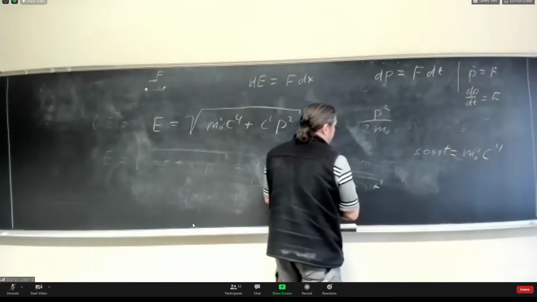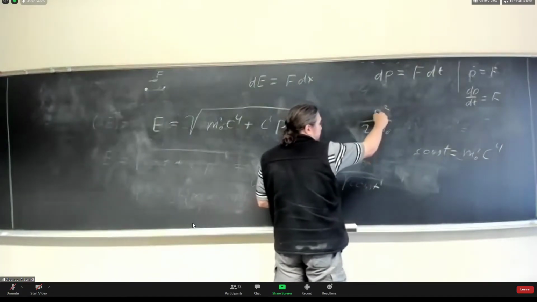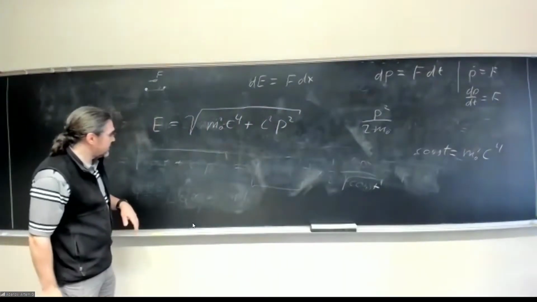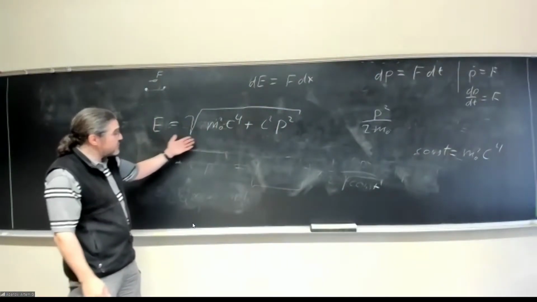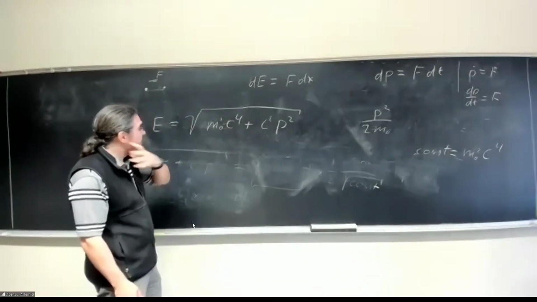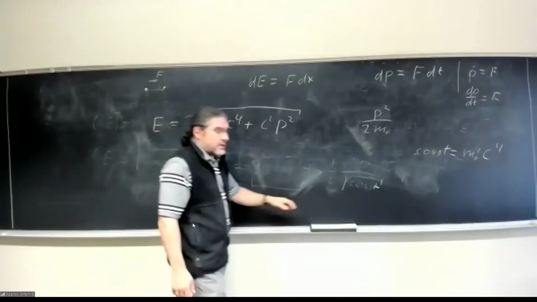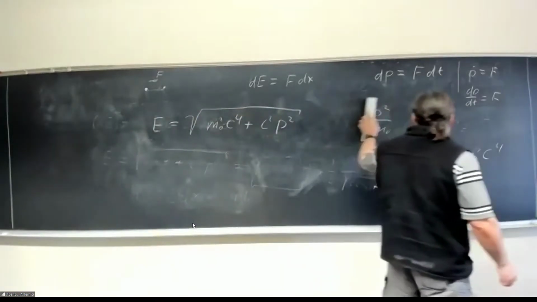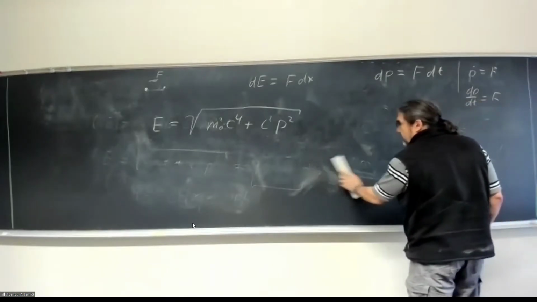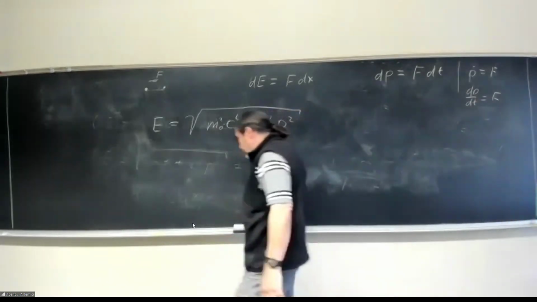In Newtonian mechanics, the kinetic energy was p squared divided by 2m naught, and in special relativity, for a particle of rest mass m naught, the energy equals the square root of m naught squared c to the fourth plus c squared p squared. Okay.